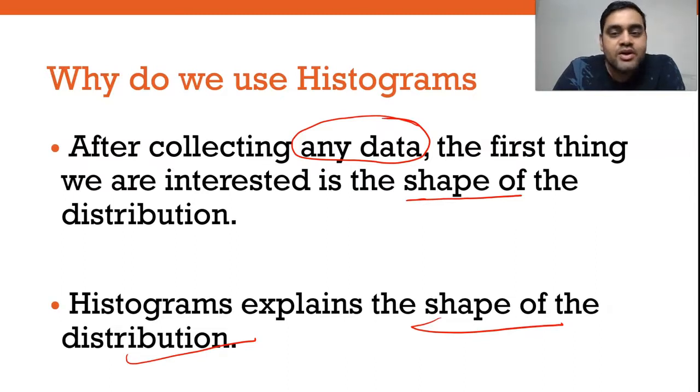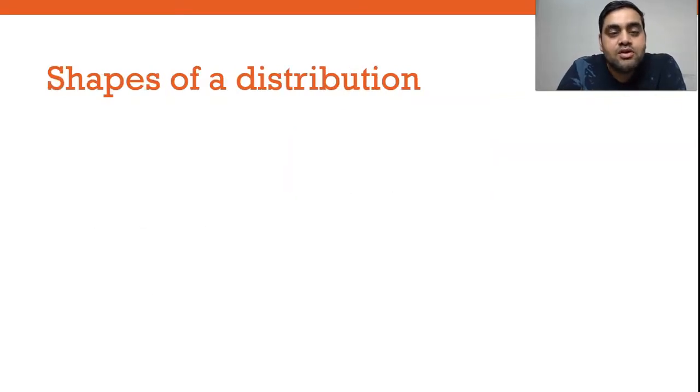So data can be normally distributed, data can have different patterns, right? So if we want to know whether my data is normally distributed or not, or whether my data is bell shaped or not, for that purpose we use histograms. So let's look into the next important thing, and that is called the shape of the distribution. What are the various shapes we have?